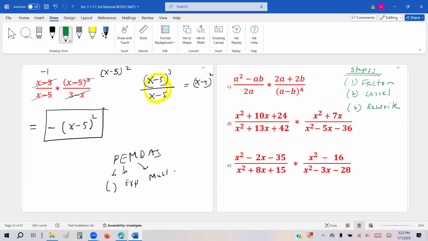Can you cancel in the plus or minus? You have to cancel, what side? Multiplication. We started canceling. You two have a multiplication.